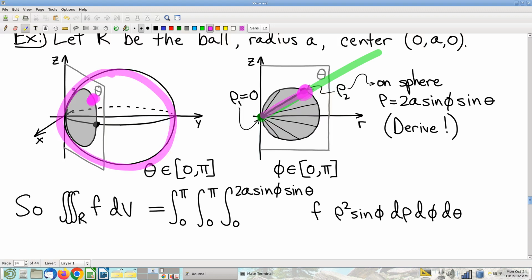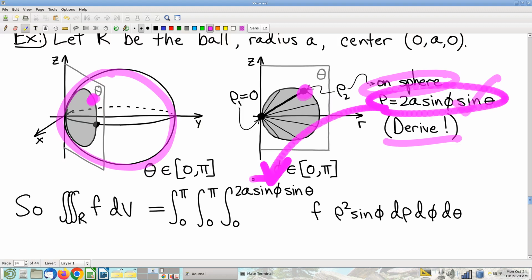So you have a spherical coordinates conversion problem. Being as it's on the sphere, I need to know how to write that equation. Again, make sure you can do that. This is what it turns out to be, but make sure that you can take the given description of this sphere, write down the rectangular equation from high school algebra knowledge, and then convert by plugging in the conversion formulas. And that formula for rho is your upper bound for rho.